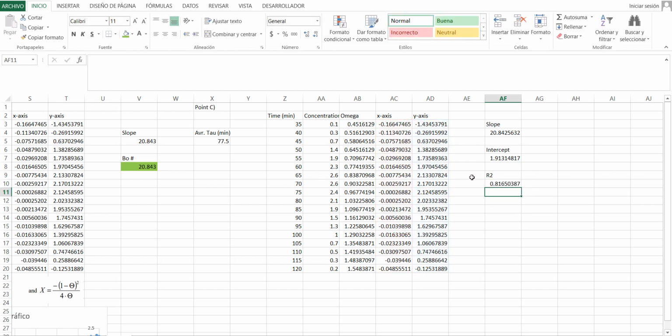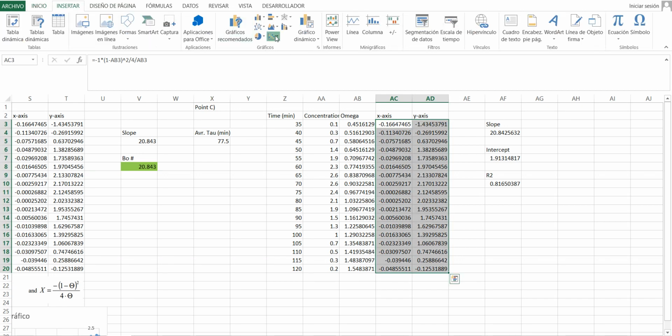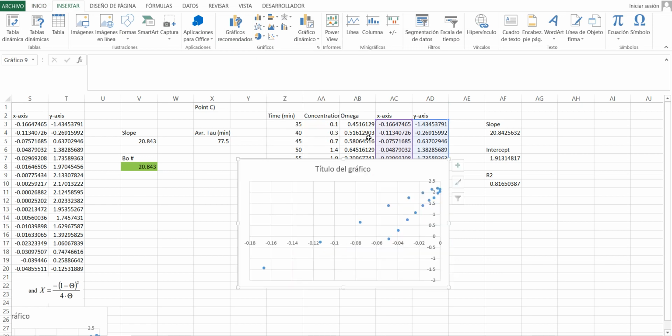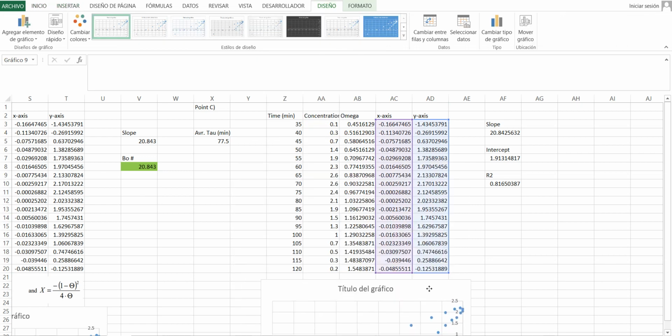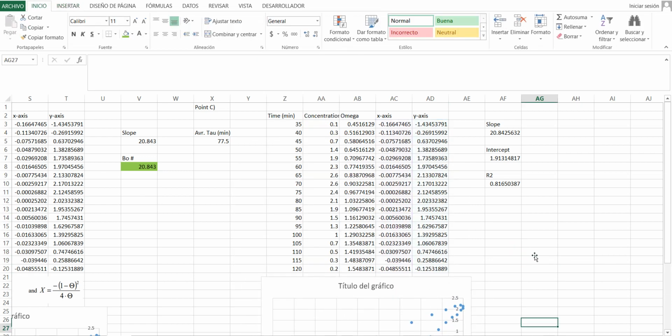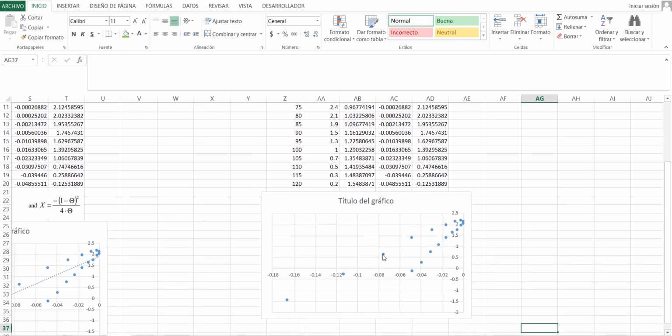Let's plot once again this data so we can see how our solution affects the diagram. Sorry, it's not copy and paste. It's just selection. So let's insert a dispersion diagram just as before, and it's exactly the same data, exactly the same values.